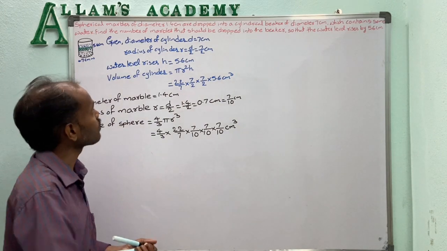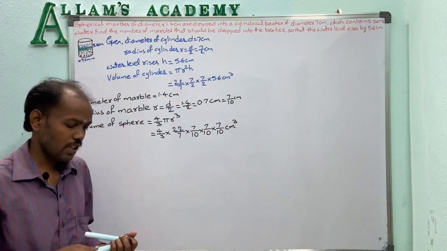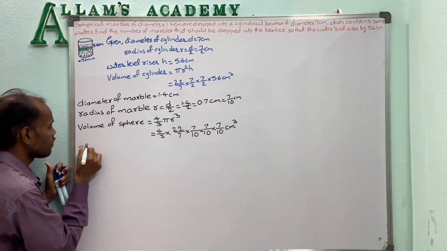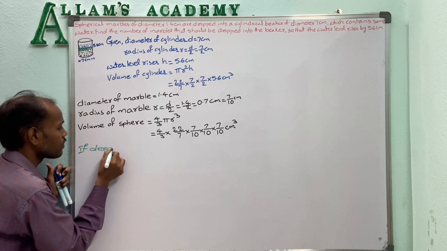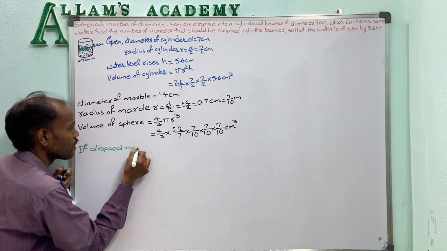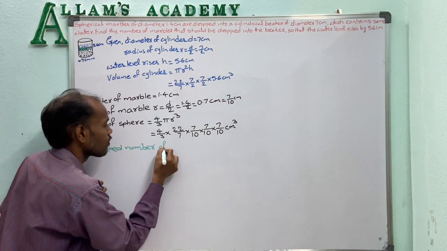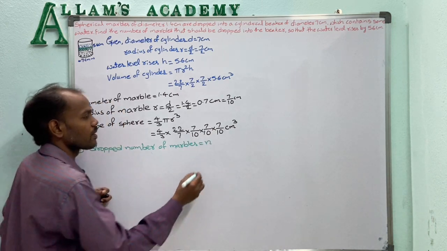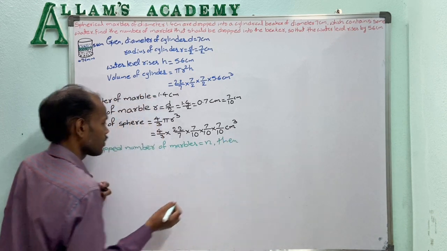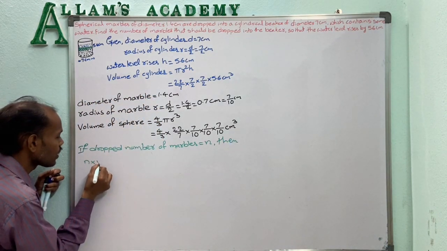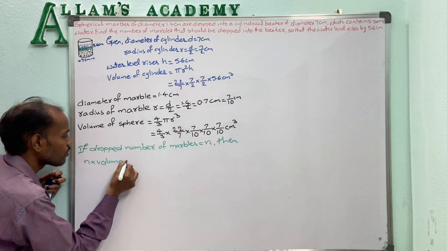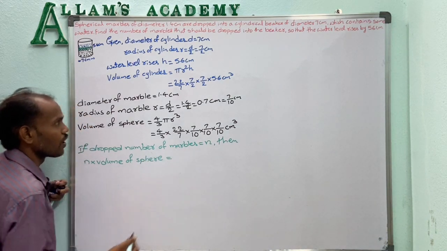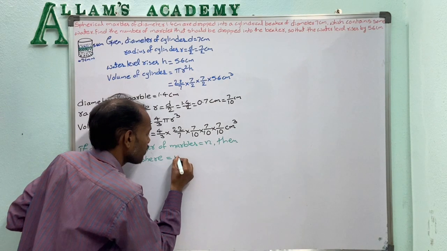Okay. Now it is the volume of the spherical marble, and that was the volume of the cylinder. So we are asked how many marbles are dropped. So if the number of marbles dropped equals n, then n into volume of sphere equals volume of cylinder.